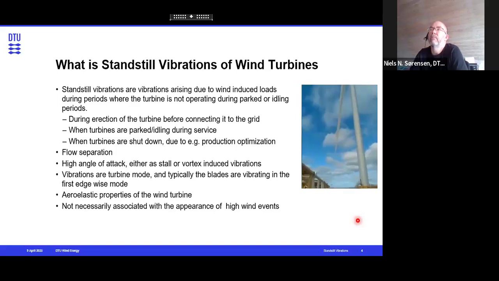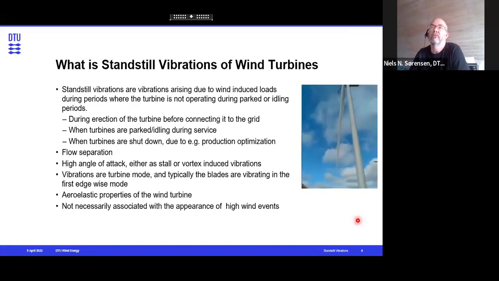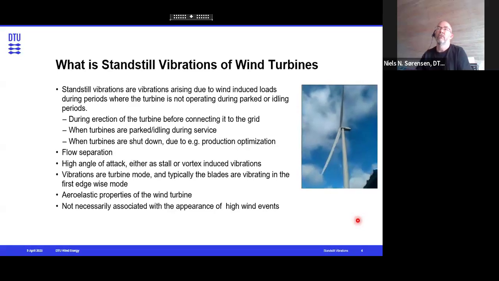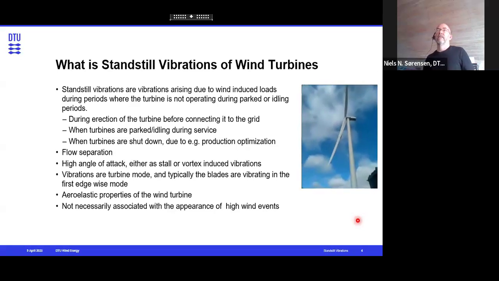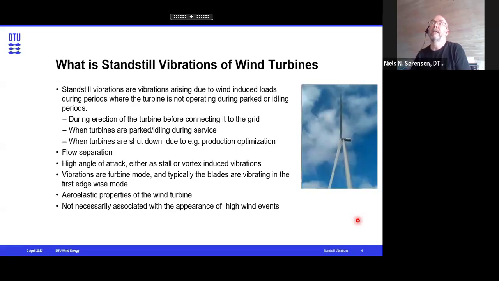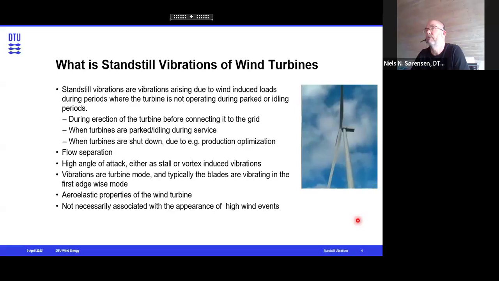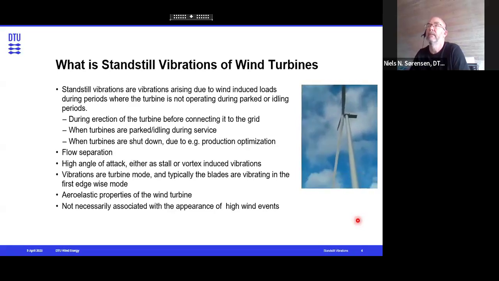So standstill vibrations are vibrations of turbines during, you could say, non-productive periods. That could be during erection, before the turbine is connected to the grid, when the turbine is parked during service, for example, or if you shut it down due to production optimization.